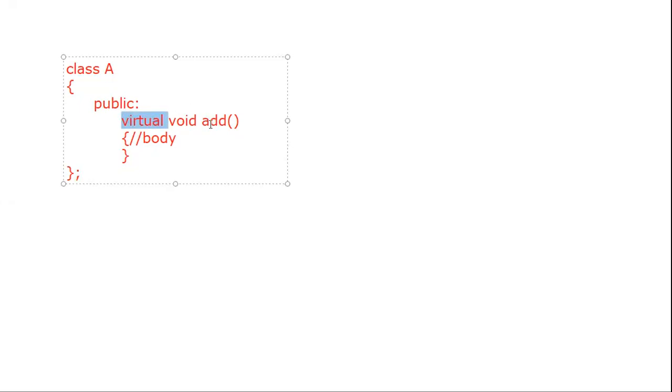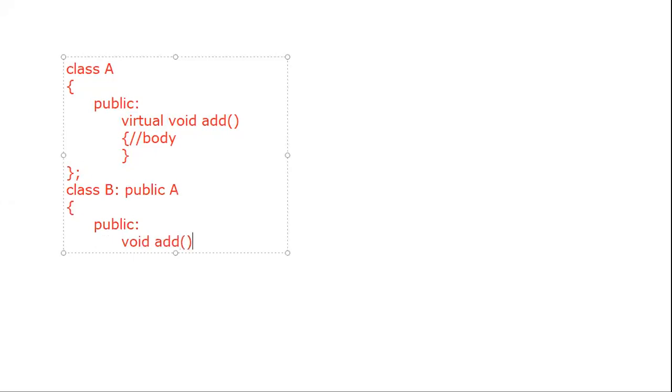When the function name add is also available inside the derived class of that base class, say class B, public A, inside its public scope, when there is one more method add available, then we achieve runtime polymorphism with respect to this add function with the help of the virtual keyword. So this is the actual use of the virtual keyword or virtual function.